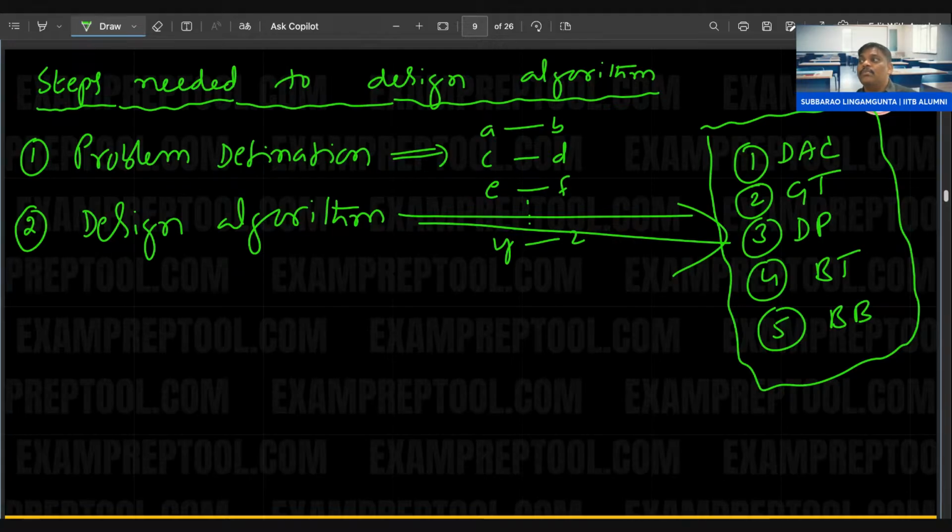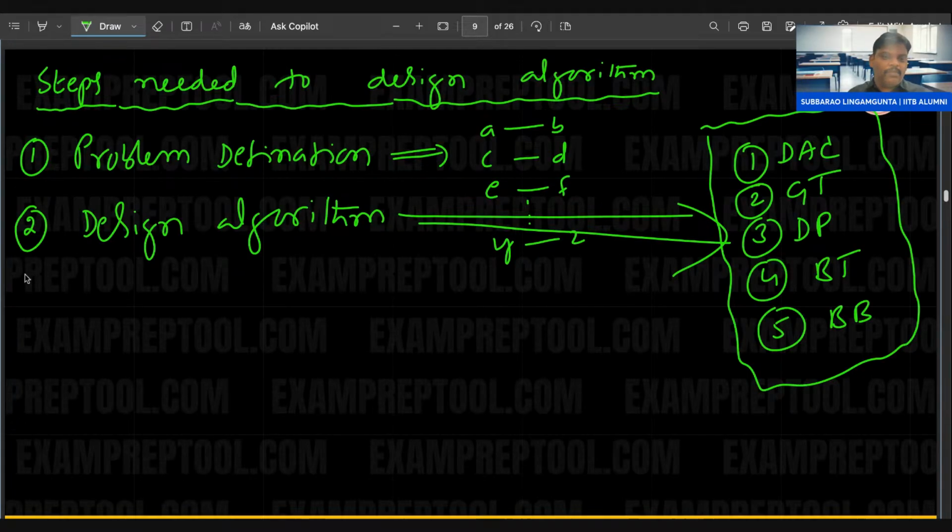This problem is something like that, and by doing some small changes we get the answer. One way is writing from scratch, another is using existing patterns. So among the existing designing techniques, you decide which is more suitable for your problem. That is called designing the algorithm.